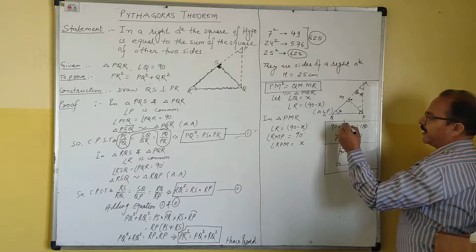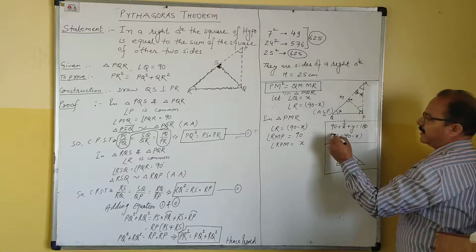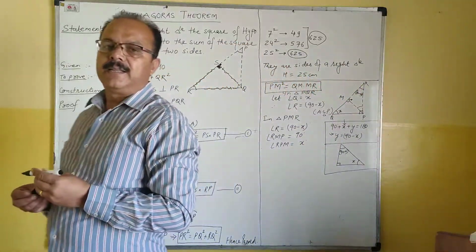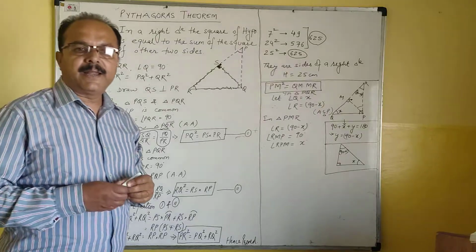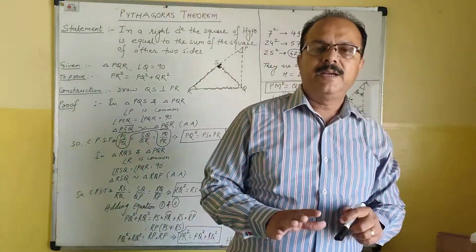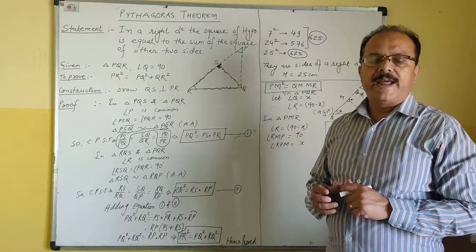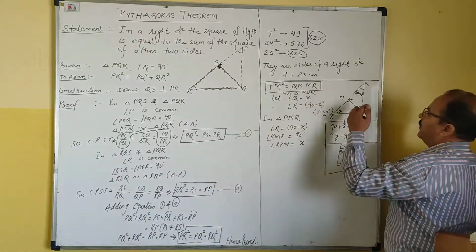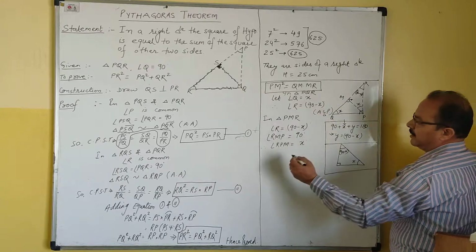We had supposed one angle as x, so the other angle is 90 minus x. So we got this angle as x.